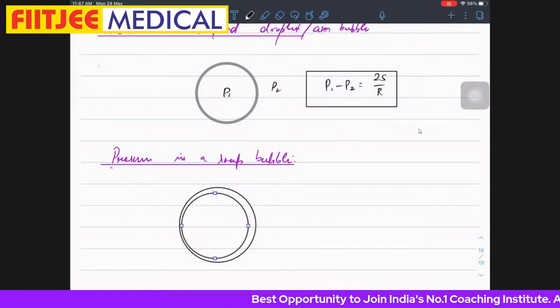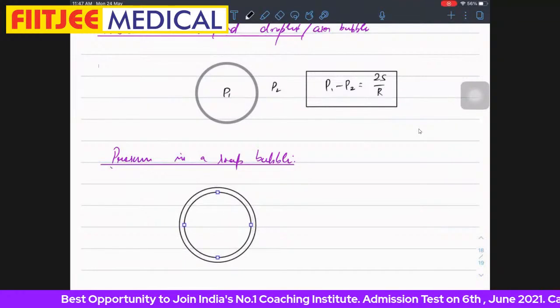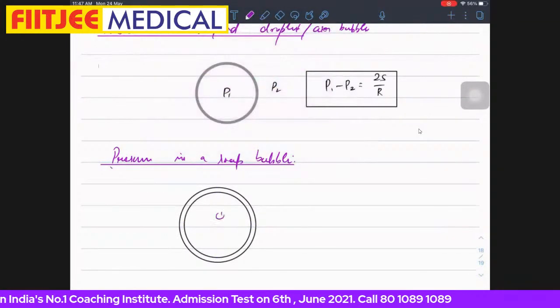Suppose here pressure is P1, here this section is 1, this is 2, and this is 3.